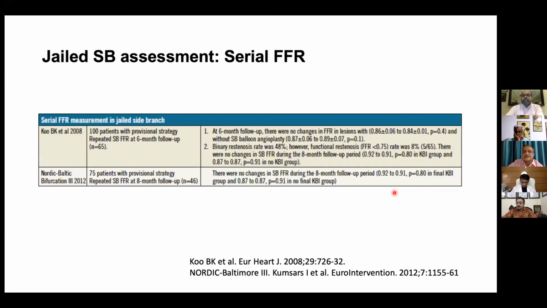If you look here, there were no changes in the side branch during the 8 months follow-up with kissing balloon dilatation. However, in the Koo group, the binary restenosis rate was 48%, and in those who had an FFR of 0.75, it was only 8%.